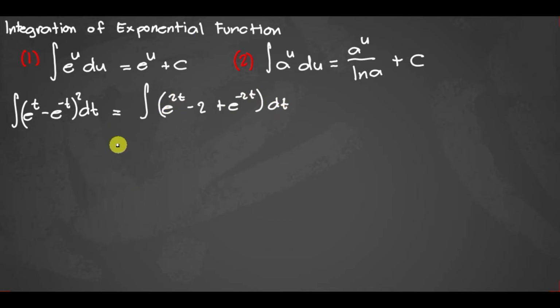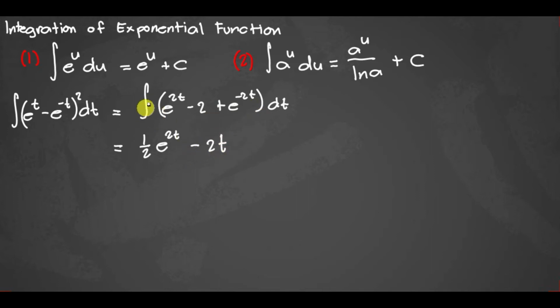Now evaluating the integral of each term, we already know that the first term is equal to 1/2, since the derivative of 2t is 2, and taking the reciprocal will become 1/2 e raised to 2t, and then minus 2t. This is because the integral of 2 dt is equivalent to 2t.